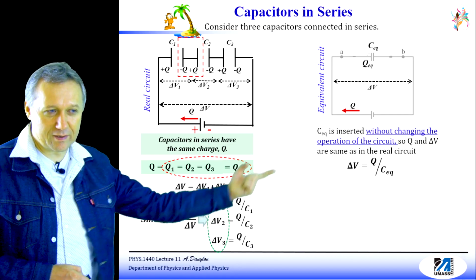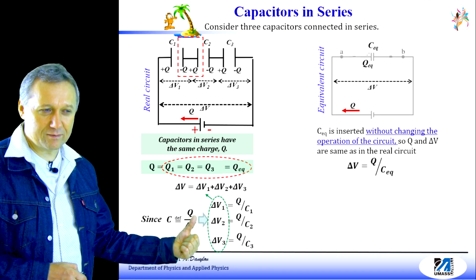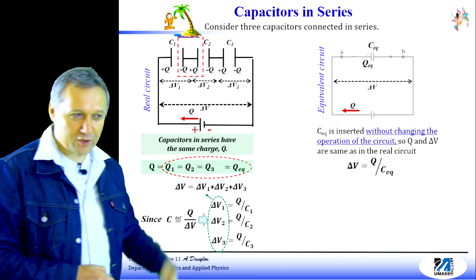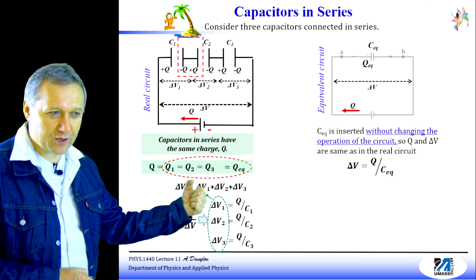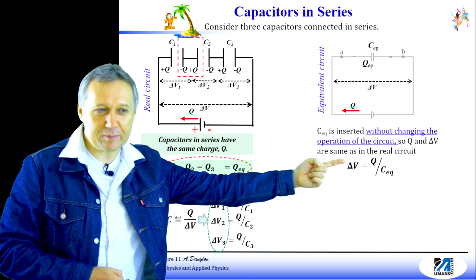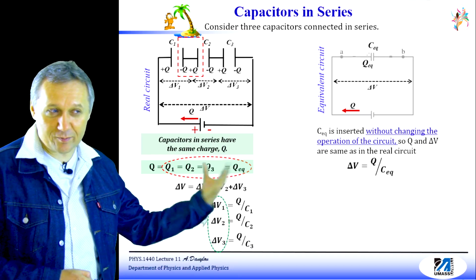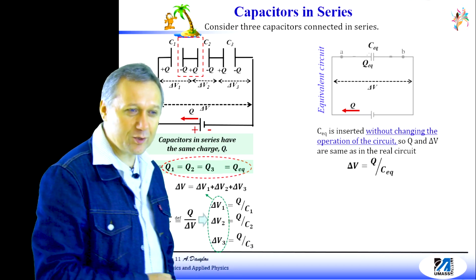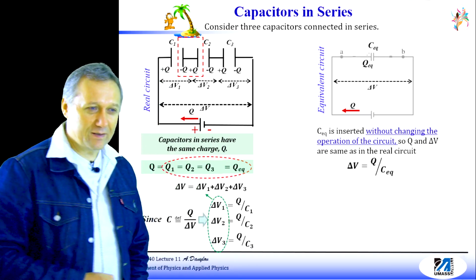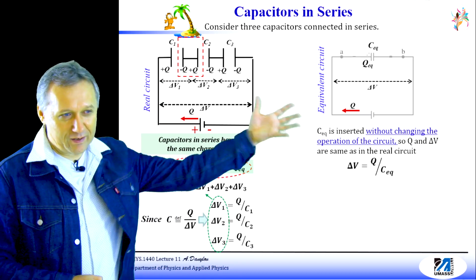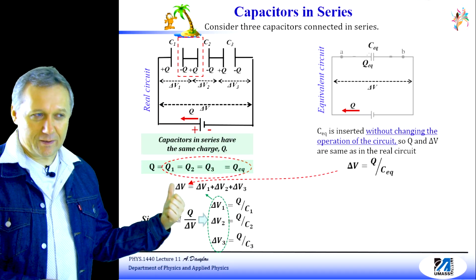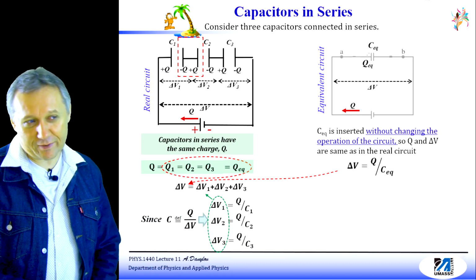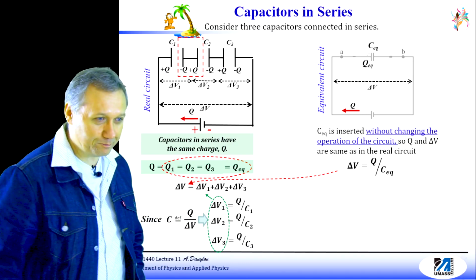So we can write that delta V equals charge in the equivalent capacitor, which is equal to these charges, so that's why, again, there is no subscript next to Q, divided by C equivalent, which we want to find eventually. That expression from the equivalent circuit is what we're going to use instead of this delta V on the left-hand side. So basically almost done.